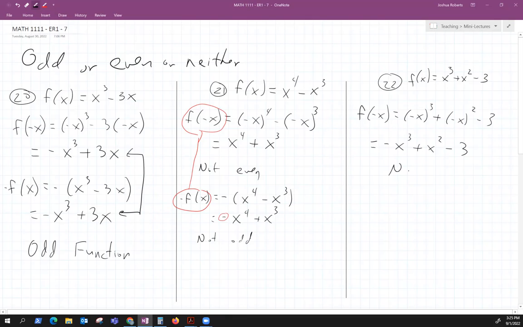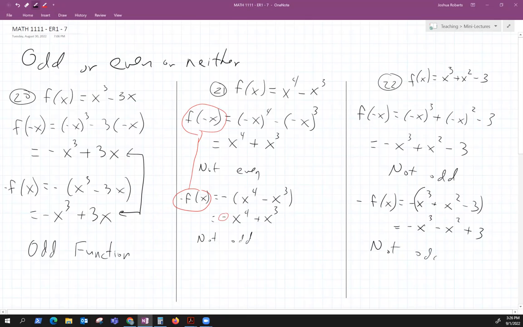If I do negative f of x, I'll have negative parenthesis x cubed plus x squared minus 3. This is going to be negative x cubed minus x squared plus 3 once I distribute. This is also not the same as f of negative x, so this is not odd.